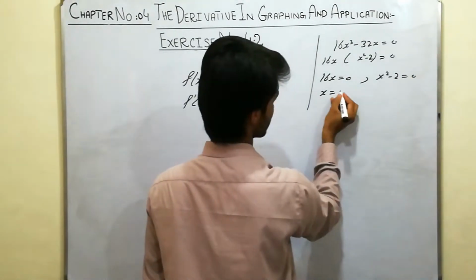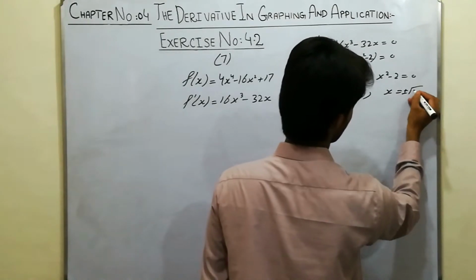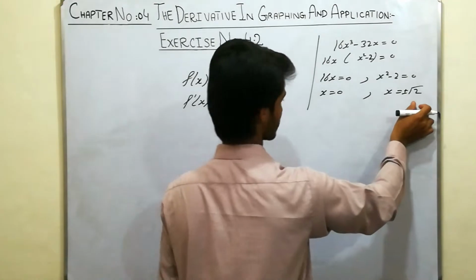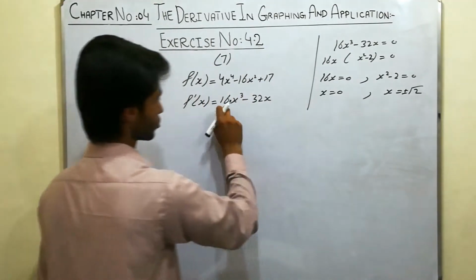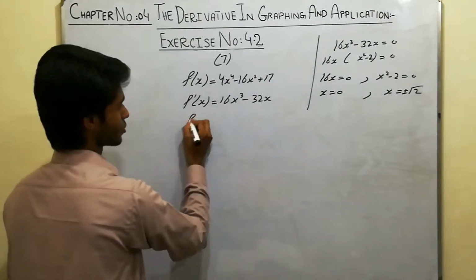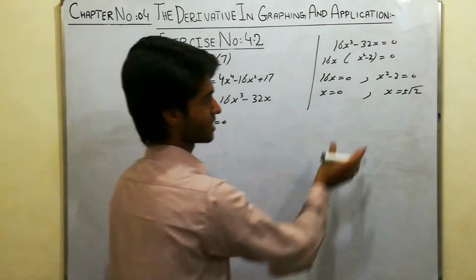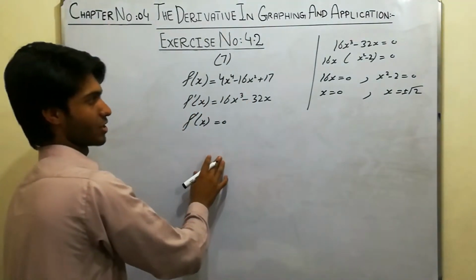So x is equal to 0 and x is equal to plus minus under root 2. So these are the points. If I put x is equal to 0 and x is equal to under root 2 in the derivative, I have f derivative x is equal to 0. It means that these critical points are all stationary points. This is a first derivative test.